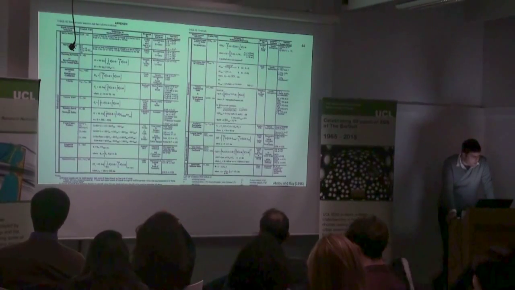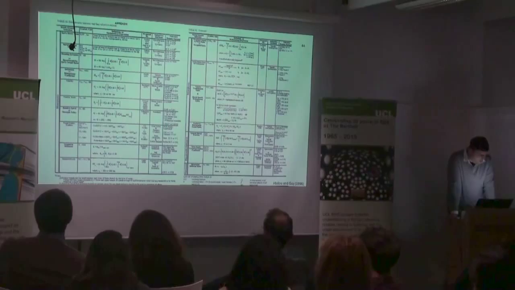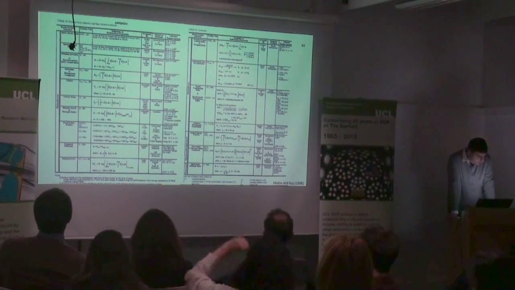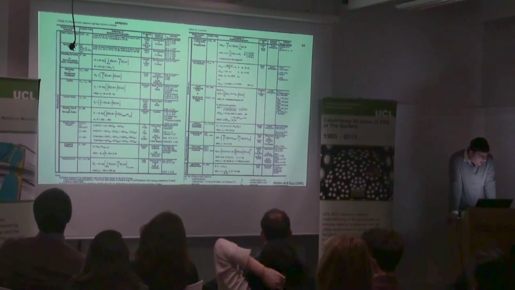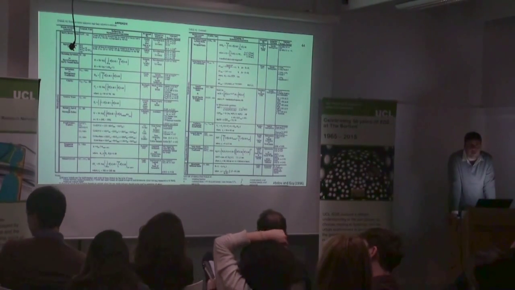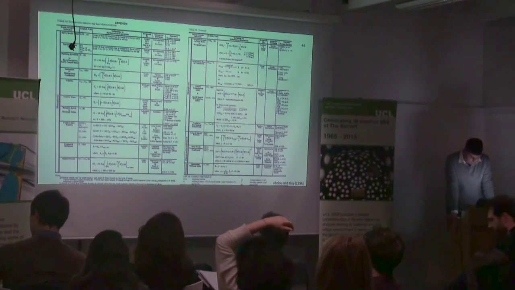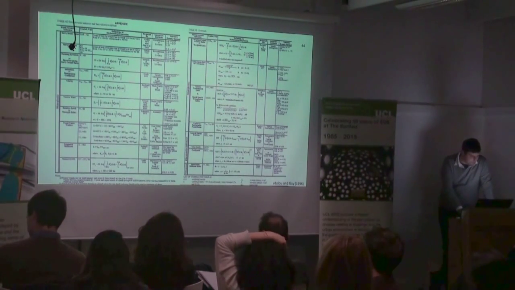So again, what do we do with this impulse response? We have room acoustic parameters. This is a review of room acoustic parameters by Abdou and Guy. There's quite a lot of them, and most of them describe different aspects of the impulse response.